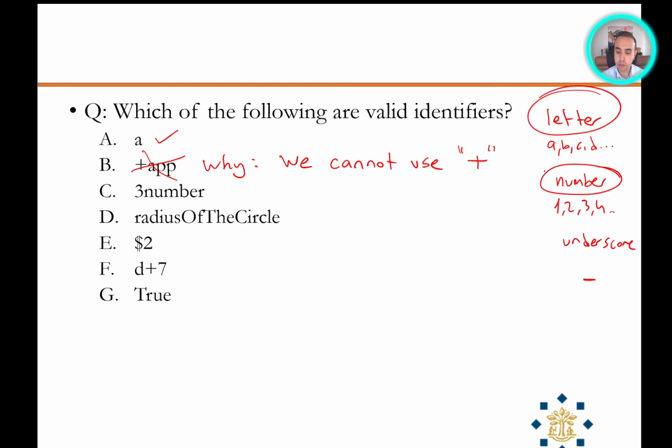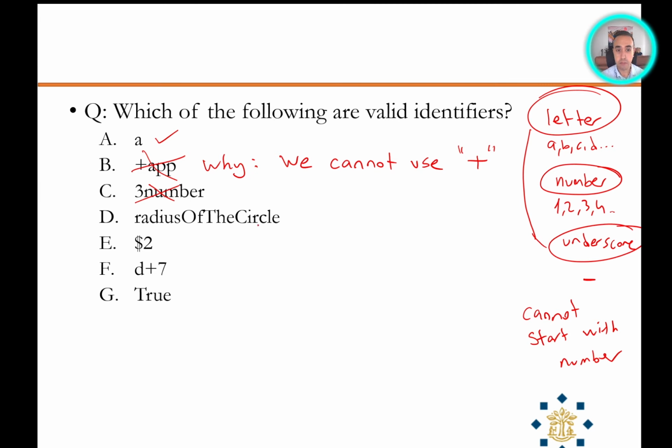So we can either use letter, number, or underscore. We cannot use plus. And it has to start with a letter or an underscore. So it cannot start with numbers. Okay, so for instance, C, we have numbers first. This is incorrect.